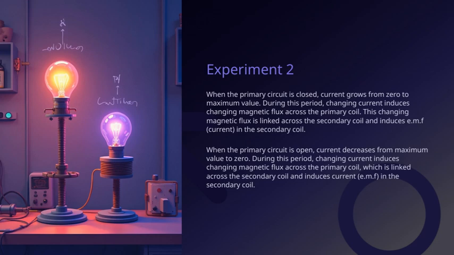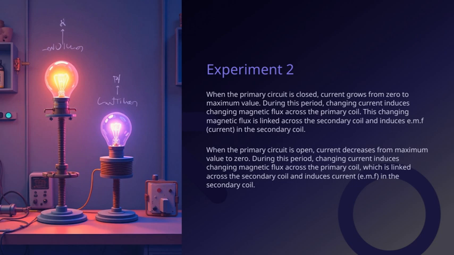Now, when we close the primary circuit, the current begins to grow from 0 up to its maximum value. As it increases, it again causes a changing magnetic flux in the primary coil. Since this flux is linked to the secondary coil, it induces an electromotive force there as well. So, whether the current is decreasing or increasing in the primary, the change in magnetic flux is what drives the induction of voltage in the secondary coil.